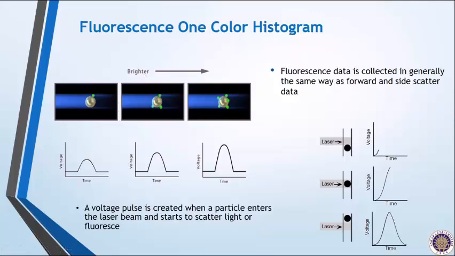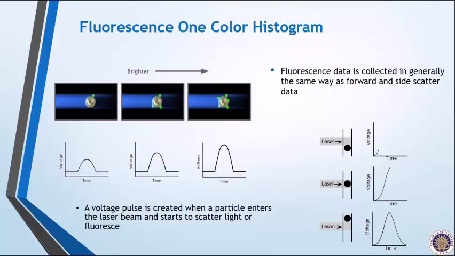A voltage pulse is created when a particle enters the laser beam and starts to scatter light or fluorescence. Once the light signals or photons strike one side of the photodiodes and photomultiplier tubes, they are converted into a proportional number of electrons that are multiplied, creating a greater electrical current.